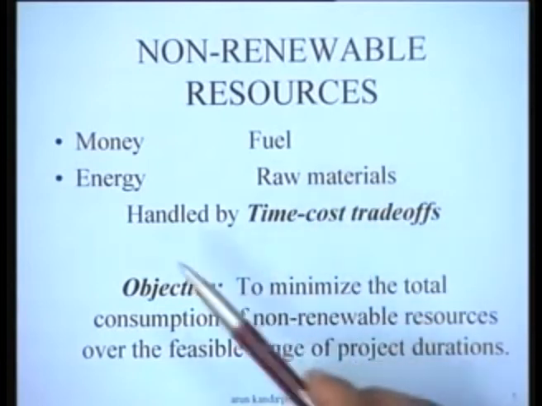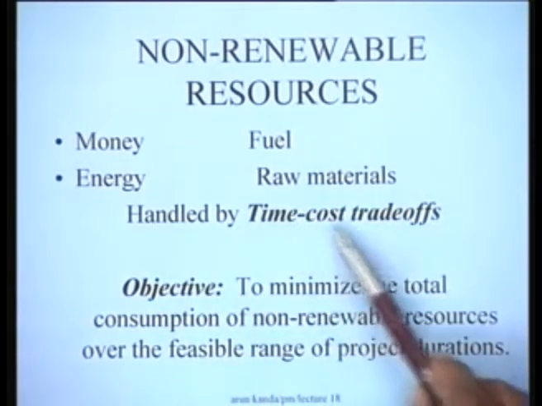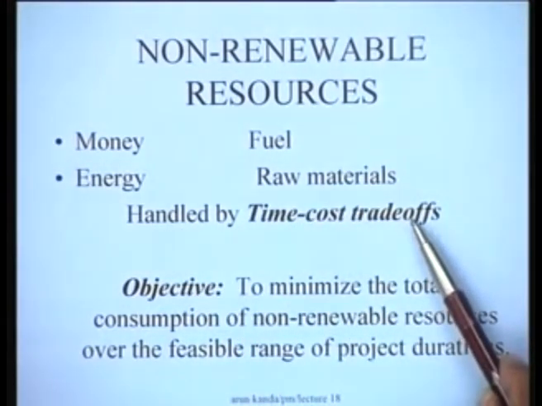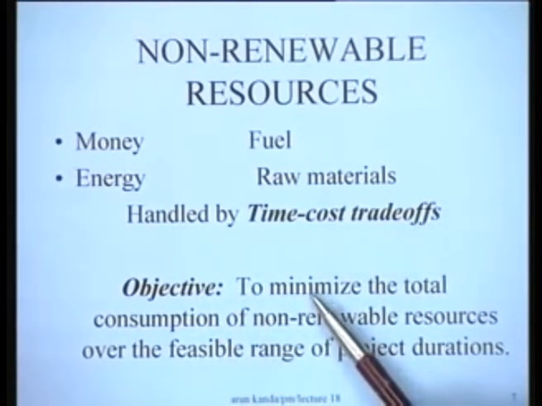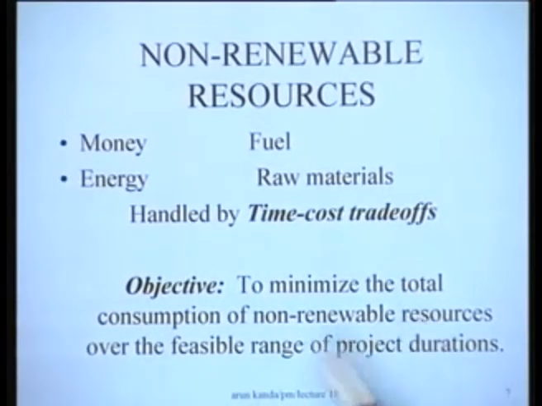And in fact, these resources are best handled by time cost trade-offs. That means the objective here is to minimize the total consumption of non-renewable resources over the feasible range of project durations.